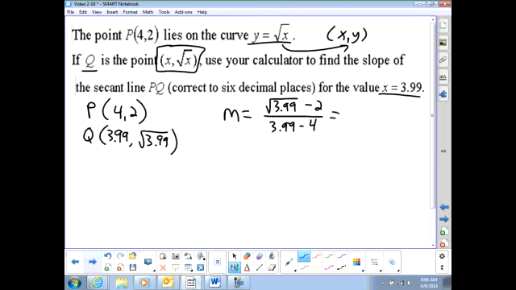If we punch that in our calculators, we want it out to 6 decimal places, so we should get 0.250156. That's a pretty close estimate to the slope of our tangent line at 4. It's really close, but it won't be quite exact.